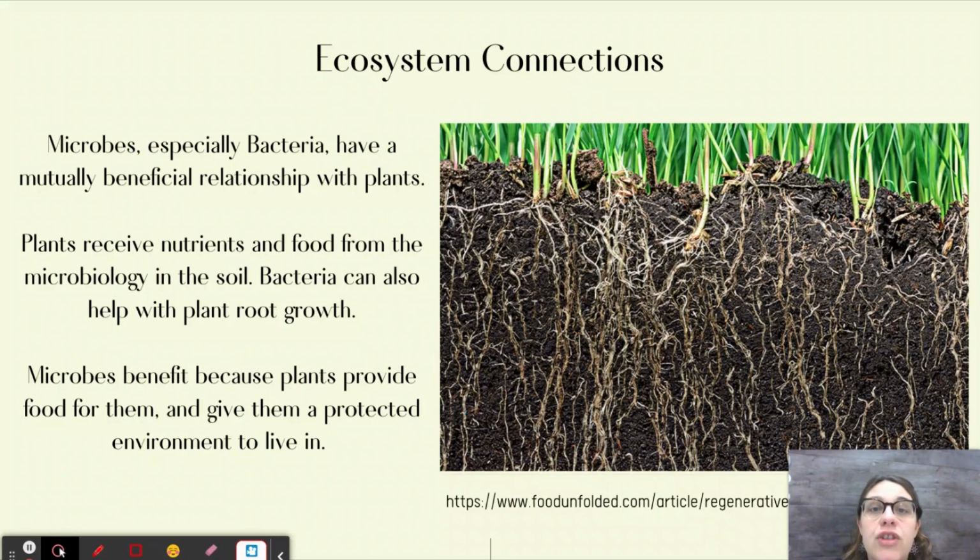Plants provide shelter, temperature regulation, gives them food. Microbes need plants to survive as well. And when we deprive our ecosystem of both of these things, plants and microbes, it is not as vibrant, it is not as healthy, and it is going to show in the products that you are creating in your garden or farm environment.